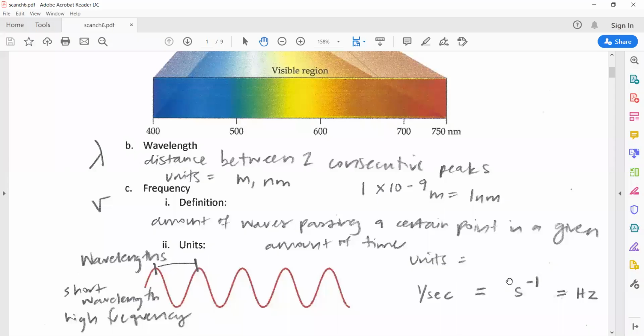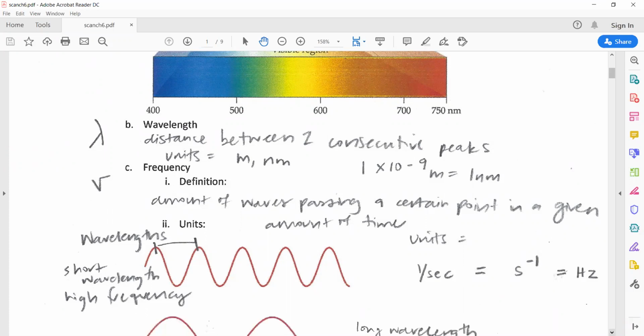And then seconds minus 1 is also known as hertz, which is abbreviated Hz. So these 3 units are used interchangeably. And the variable for frequency is this little cursive v here, a nu, another Greek symbol. So we want to get aware of those as well.